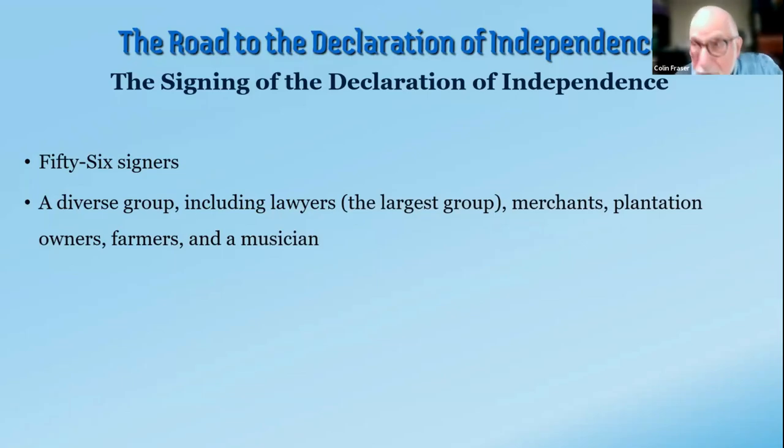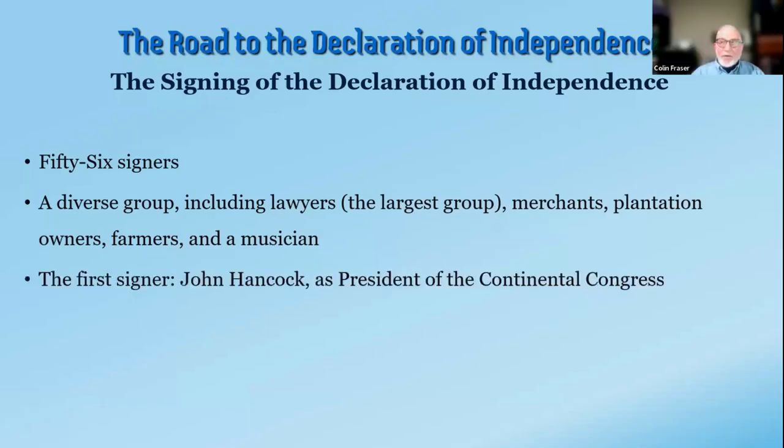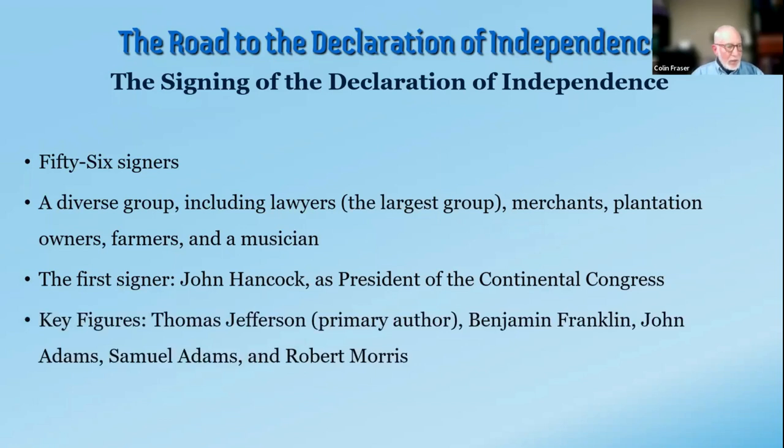I've got to say that I wish today's Congress was populated by a similarly diverse group of representatives. But the first signer, as you well know, was John Hancock. And the reason was that he was the president of the Continental Congress. But there were also a whole bunch of other folks that stepped up early, including Jefferson as author, Ben Franklin, Adams, both Adams, John and Samuel, and Robert Morris.